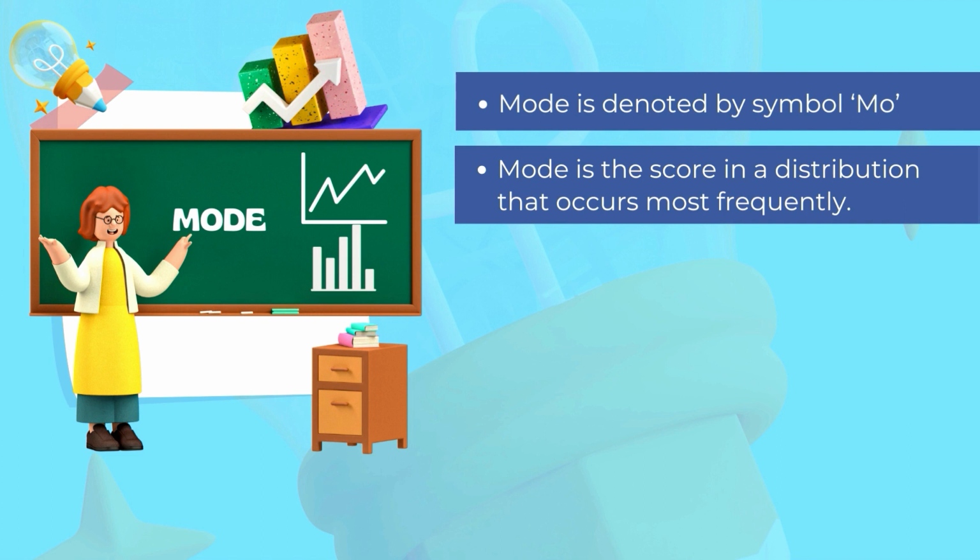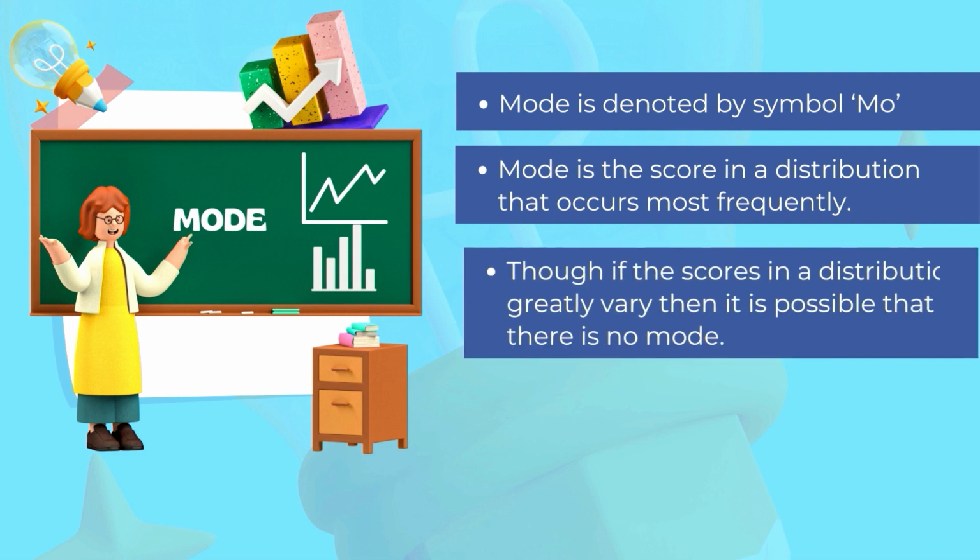Frequently occurring does not always mean mode; it is the one which is most frequent. However, if the scores in a distribution vary greatly, then it is possible that there is no mode.